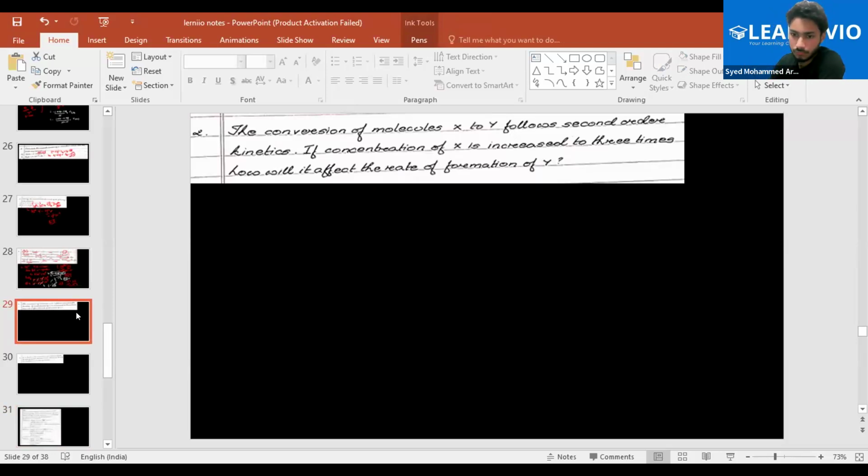That r is equal to k into x raised to 1 by 3 and y raised to 5 by 3. You have to match your answer with me, okay? I'm just solving it. Okay.